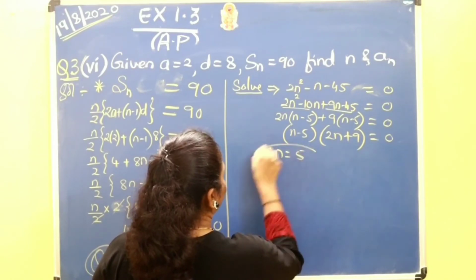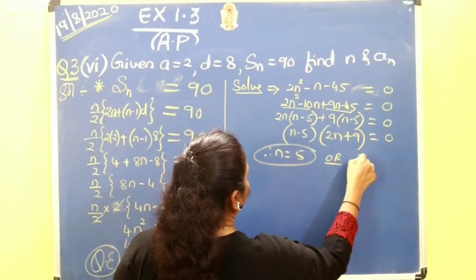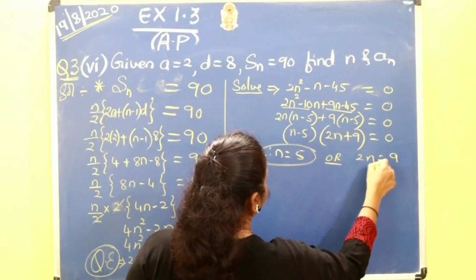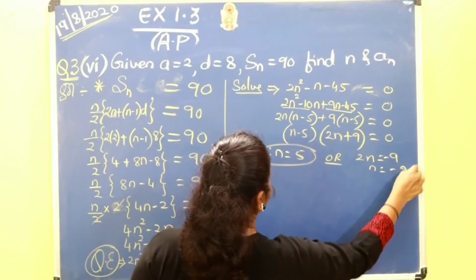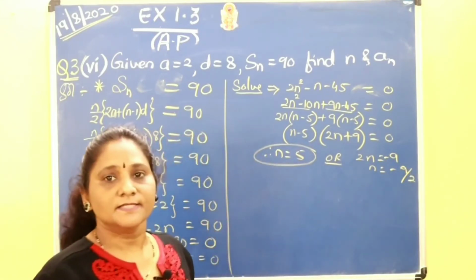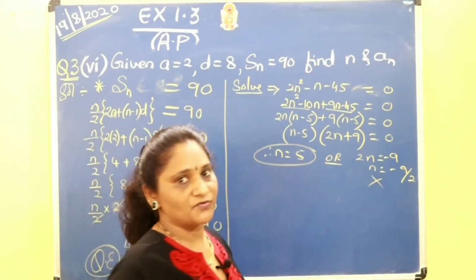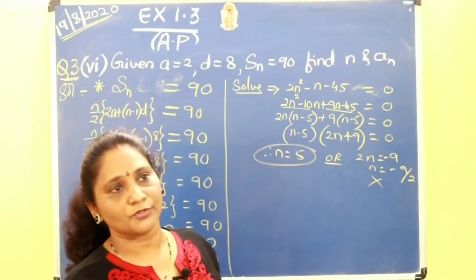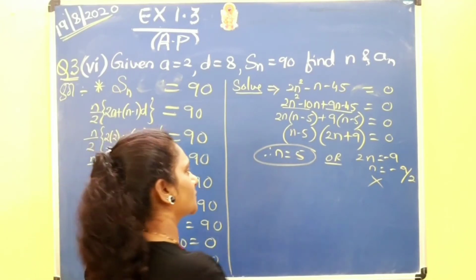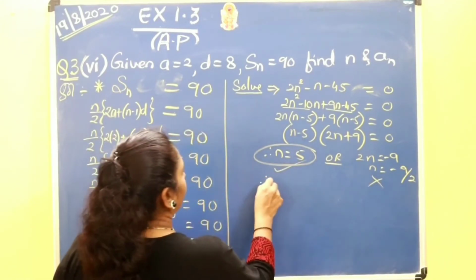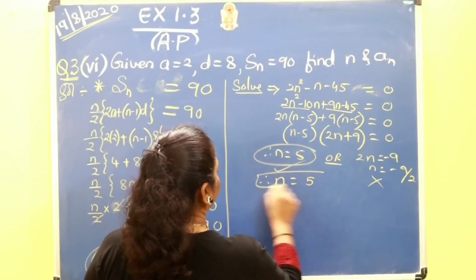Therefore, n is equal to plus 5 or 2n is equal to minus 9, n is equal to minus 9 by 2. n is a natural number, so we cannot take negative numbers. Natural numbers are all positive numbers. So we have to take n is equal to 5.